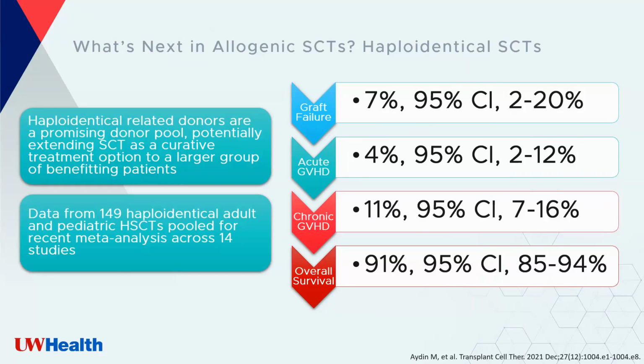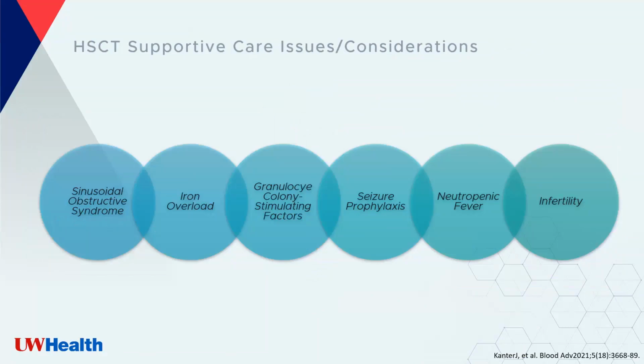So this is, in the eyes of many clinicians and researchers, the next step in stem cell transplants for curative therapies. Some other things to consider are supportive care considerations, right? Iron overload, seizure prophylaxis, neutropenic fever, and also considering infertility for patients who are looking to get pregnant in the future.